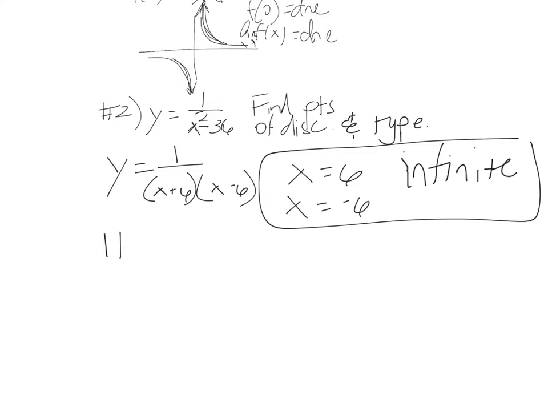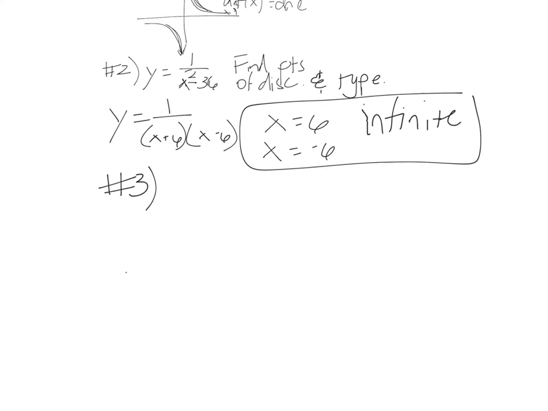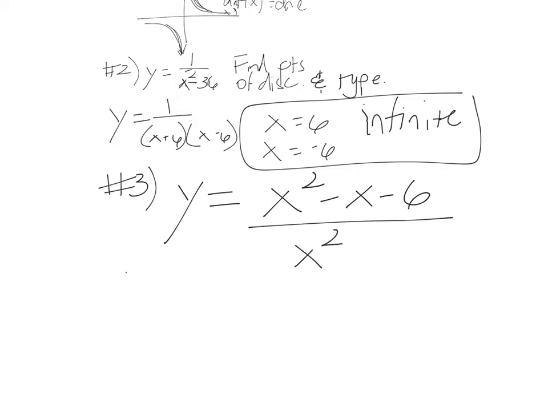All right, let's try one more. Number 3. y equals x squared minus x minus 6 over x squared minus 3x.